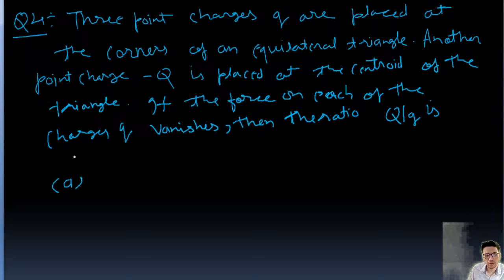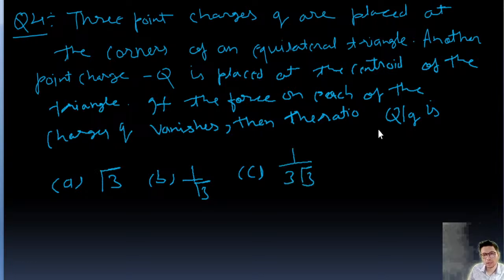Options are: option A √3, option B 1 upon √3, option C 1 upon 3 √3, and option D 1 upon 3.